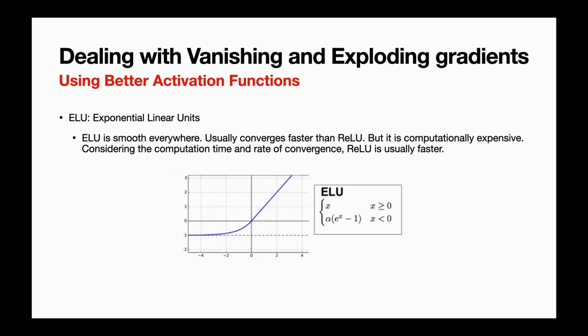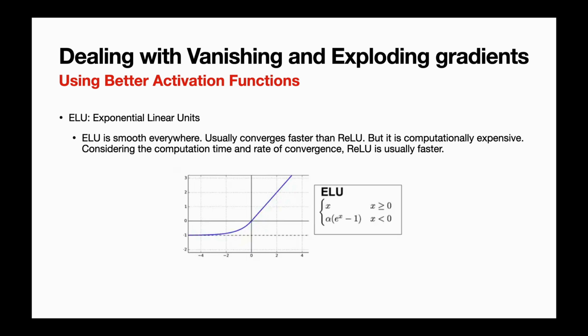So it converges faster to the optimal solution, or it leads deep neural networks to get faster training in terms of the number of epochs needed to train these models. But because of the added computation time, despite the fact that the rate of convergence is faster, it usually takes longer than ReLU to train these.